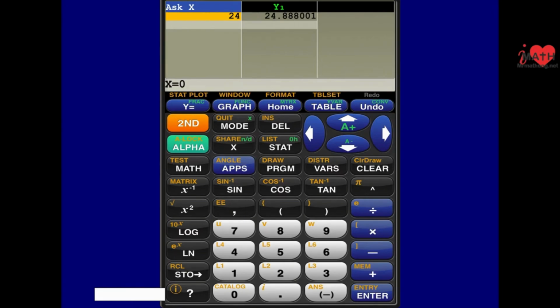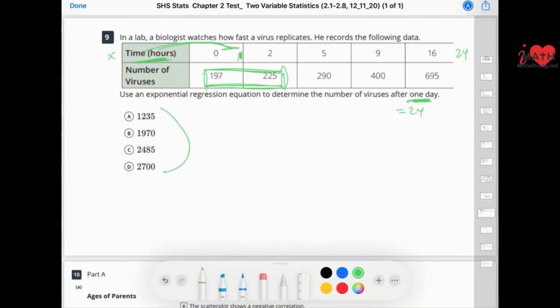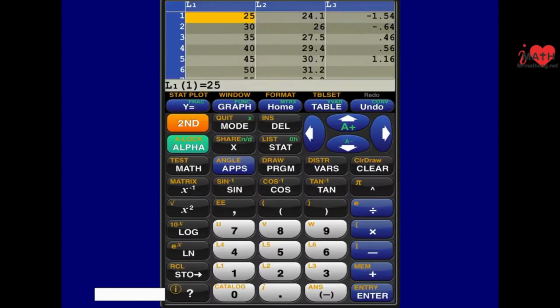I would expect this to be greater than 695. All right, let's make sure all my numbers are correct in my exponential regression. Stat, edit.